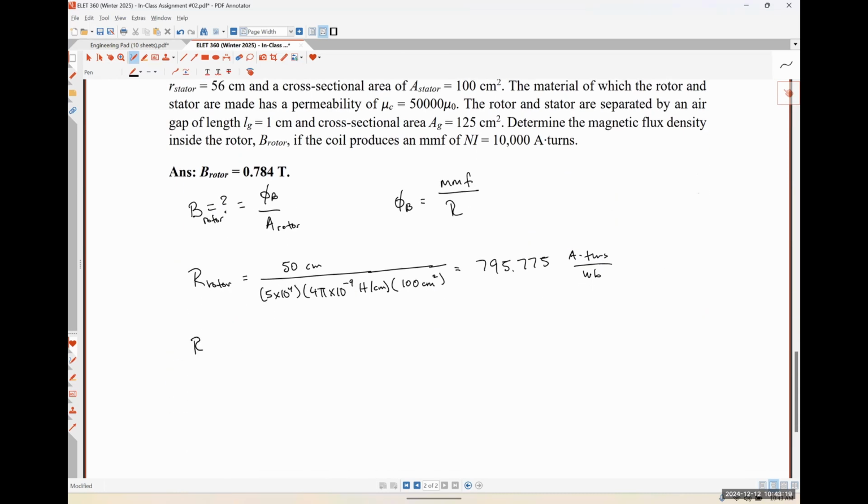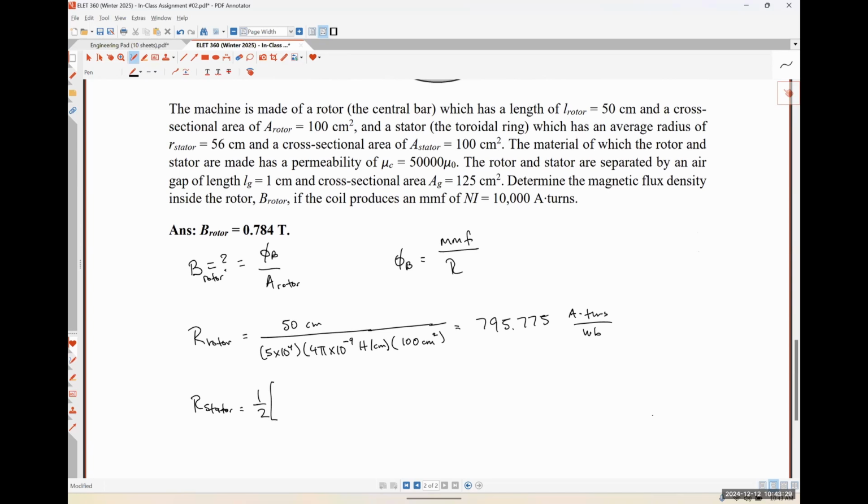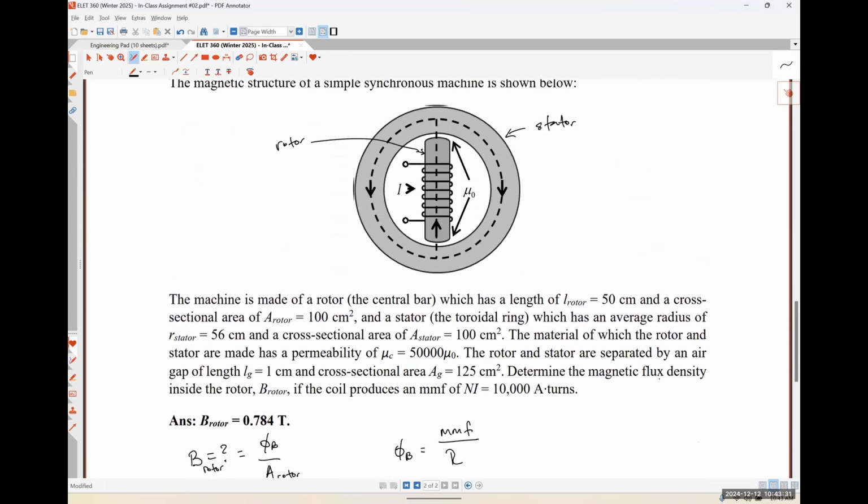So I could start off by saying that our stator reluctance is going to be equal to 1/2 times something. What is that length going to be? It's the radius of the stator, but it's not going to be 2 pi, it's just going to be pi, because 2 pi would be going all the way around the circle, but we only need to go halfway around. So 56 centimeters times pi.